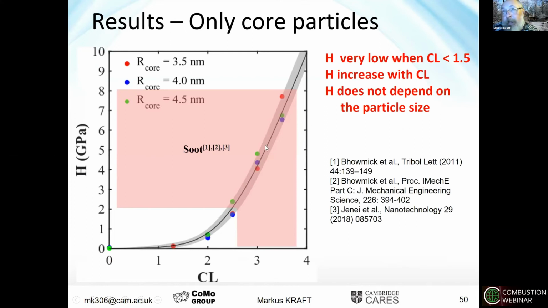Which means that the hardness value that we measured by nanoindentation varied between 2 and 8, okay.